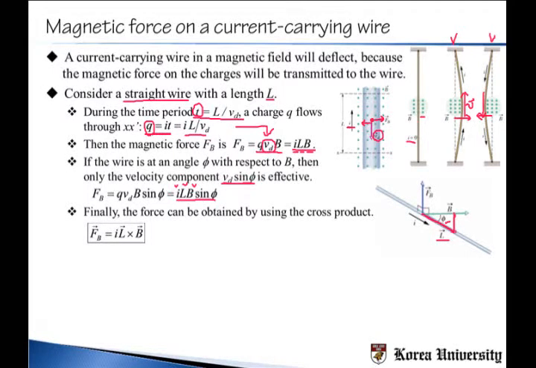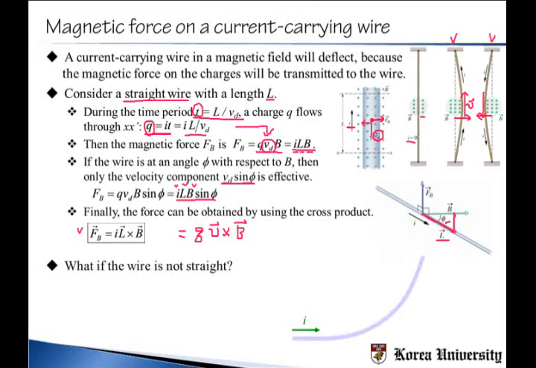This vector representation of the magnetic force looks similar to what we have learned before, and in fact it is the same thing. If you have a moving charge, then magnetic force was calculated this way. But now instead of a moving charge, if you have a flowing current, you can use this equation to find the magnetic force.